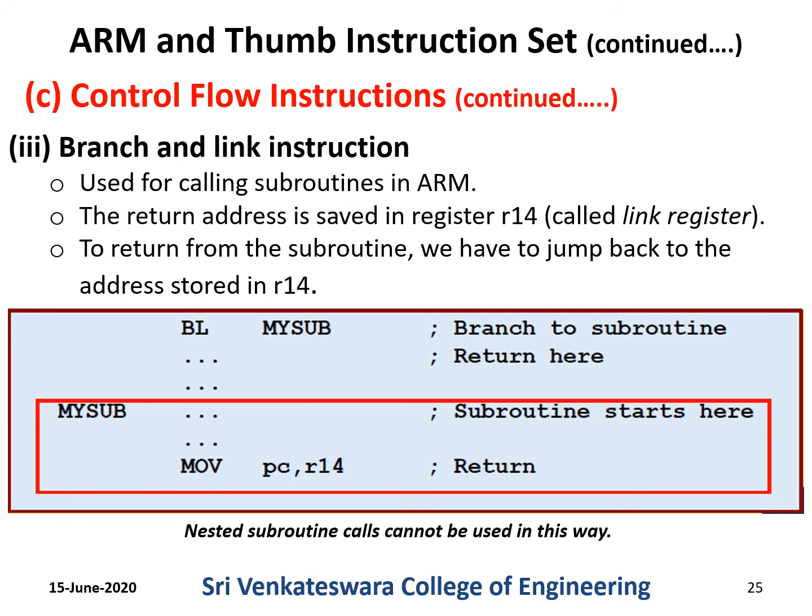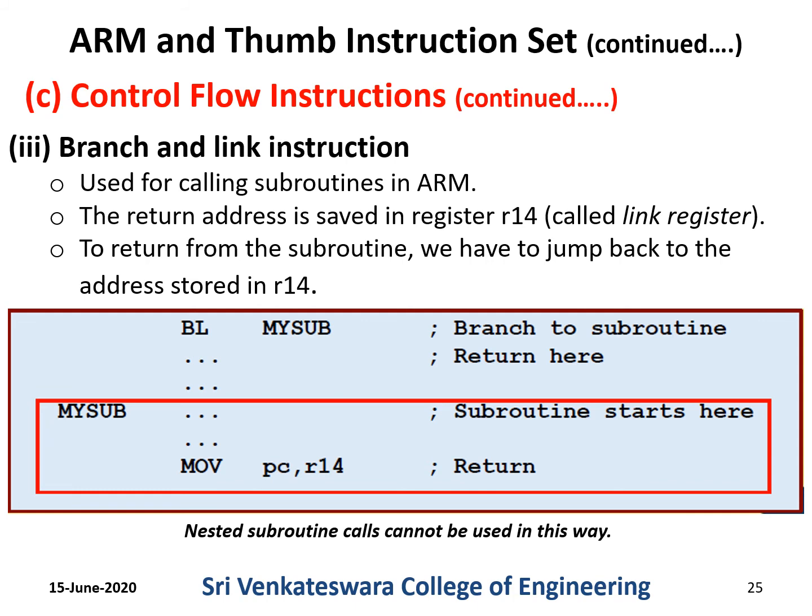Whenever this instruction is executed, the return address is saved in the register R14, which is called the link register. So what is the return address? The current program counter value. The PC register is copied into R14, and the control is transferred to the location pointed to by the label MySub.